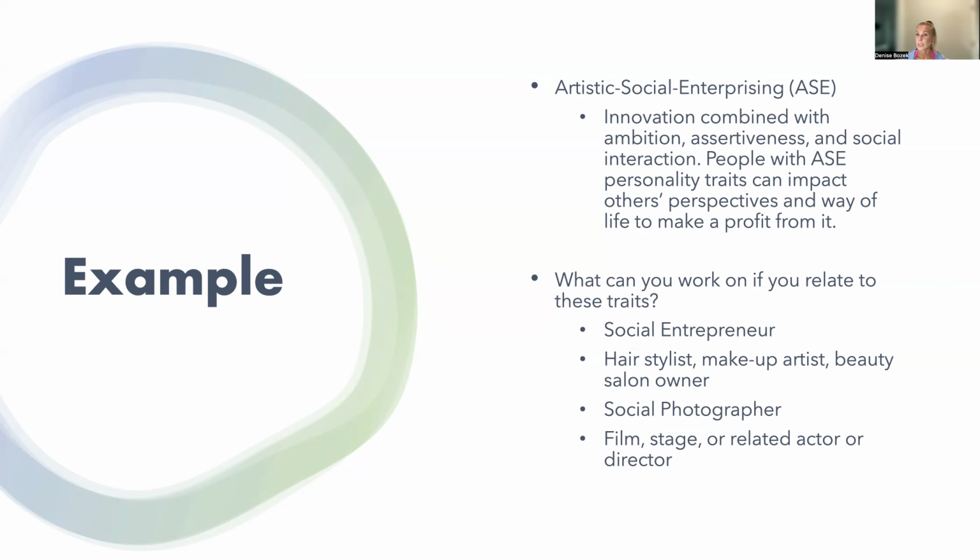People with this personality type can impact others' perspectives and their way of life to make a profit from it. That's where the enterprising comes from. And they do it in a creative way because they are artistic. Some work related to these traits are a social entrepreneur, a hairstylist, makeup artist, beauty salon owner, social photographer, or film, stage, or related actor or director.